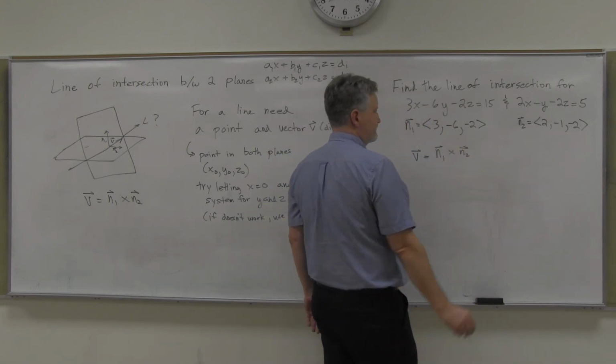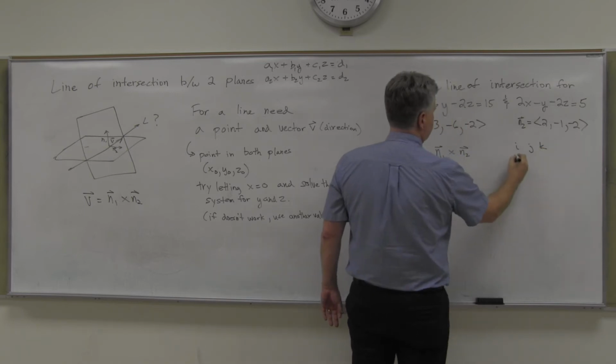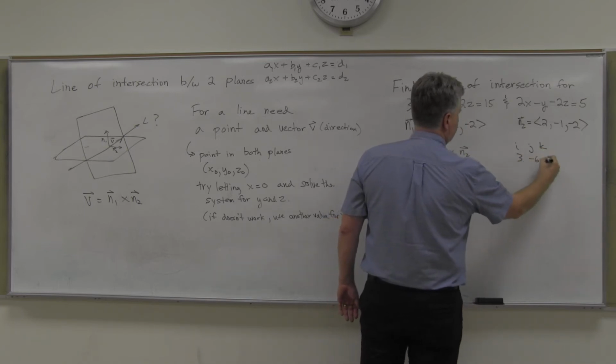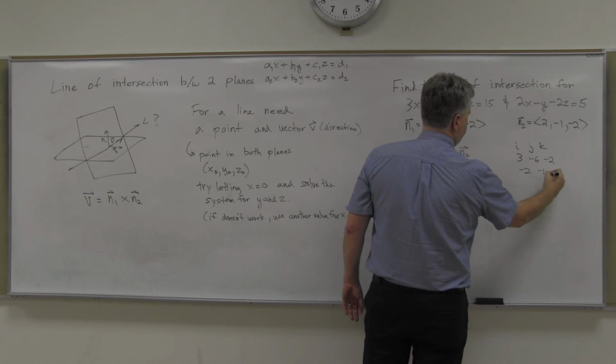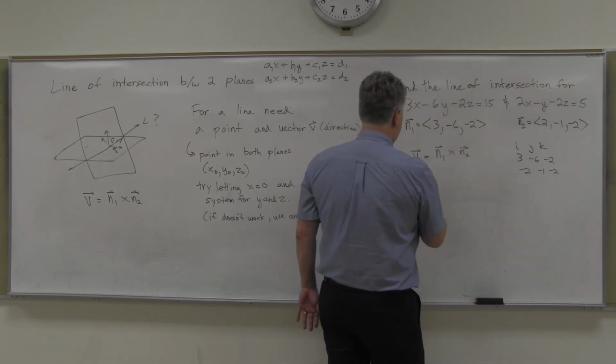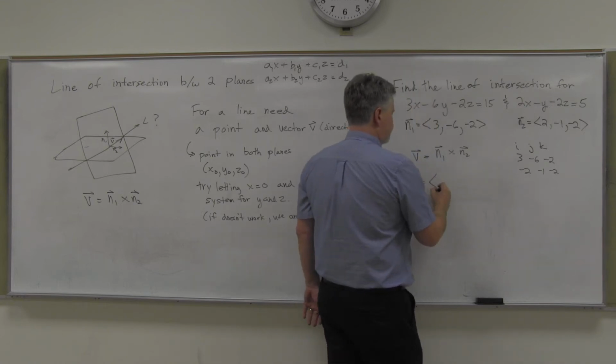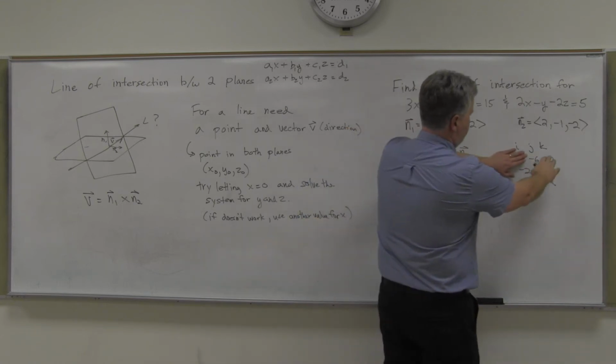However you want to get that, line them up with i, j, k like this, then do your determinant, that'll give you your cross product. So here the cross product is going to be the i component.